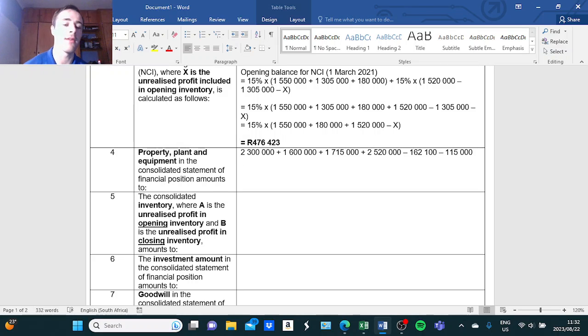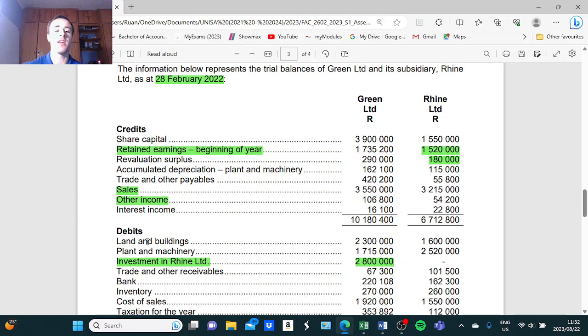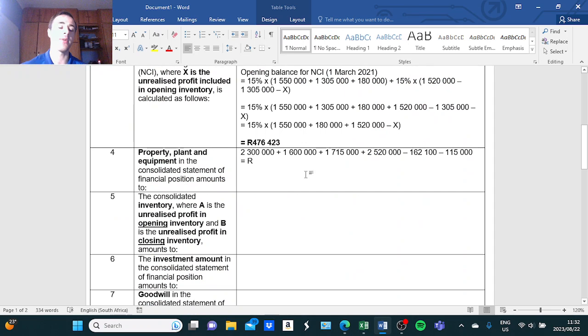This is a really straightforward calculation. We add up all the PPE values, being land and buildings as well as plant and machinery, and then we subtract accumulated depreciation, because PPE will be disclosed at carrying amount in the statement of financial position.